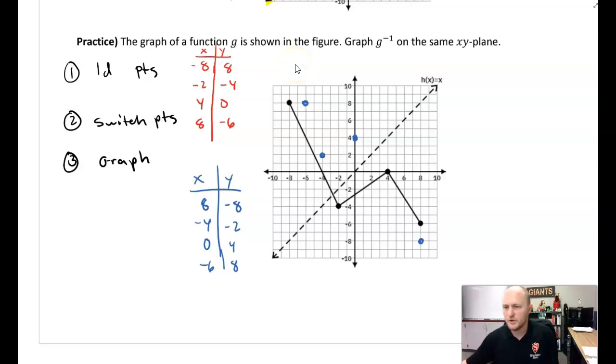All right, so hopefully you went ahead and identified your points. I have them up here in red, and then I switched my points so you can see them here in blue, and I graphed these points. One thing that's hard for students sometimes is they'll connect the wrong points. So it's kind of nice to make note of what points go in which order, because those are the points that you're going to graph.